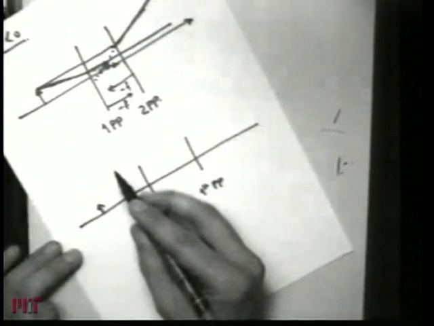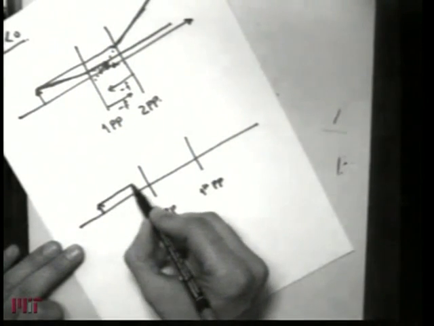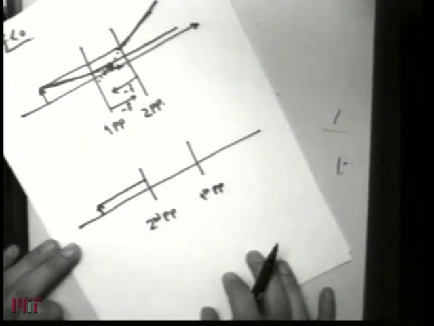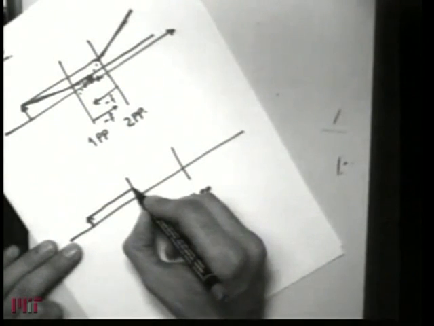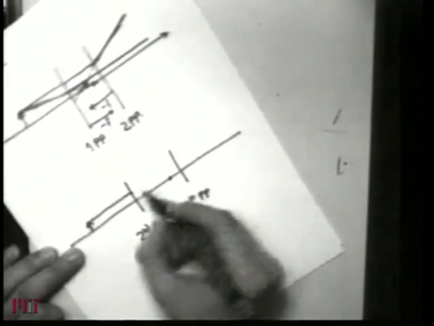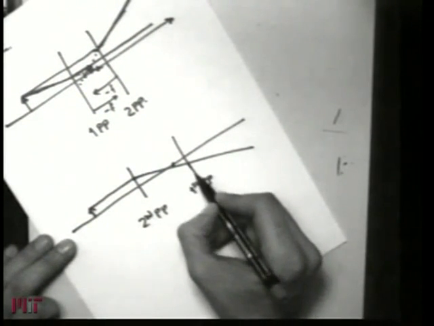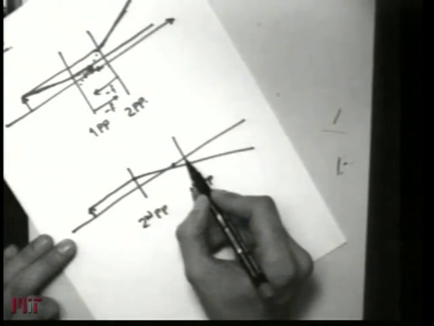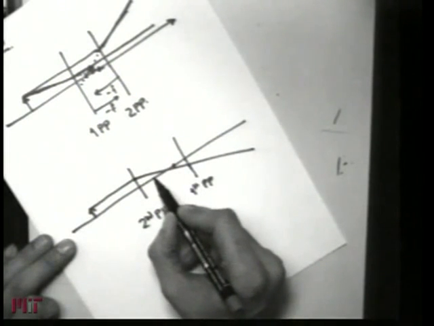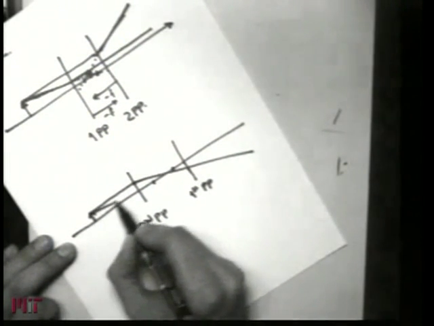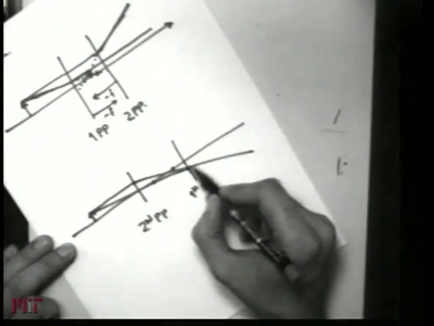If I were to do my ray tracing here, well, I would go up to the second principal plane. I would shift the ray down. Let's say this is one focal distance. And then now let me do the other one correctly. So this is the first principal plane, so it will go from here, something like that.